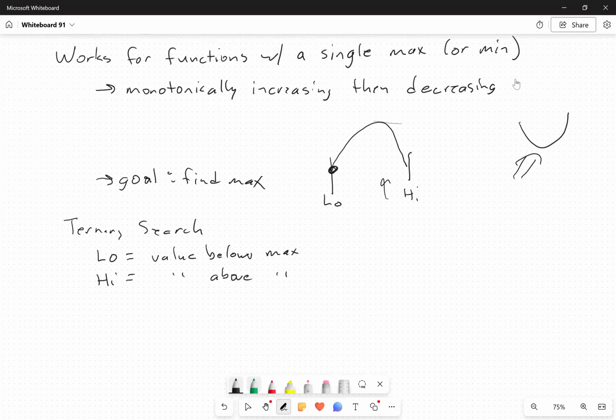So we will generate point 1, or let's call it A. So I'm going to say A is going to be low plus (high minus low) over 3. So it'll go a third of the way. And B is going to be low plus 2/3 of the difference.